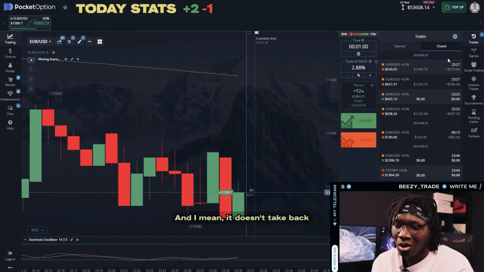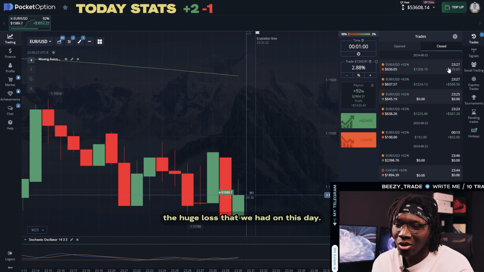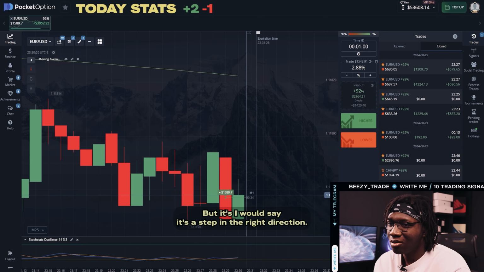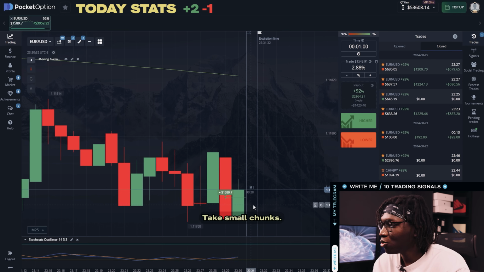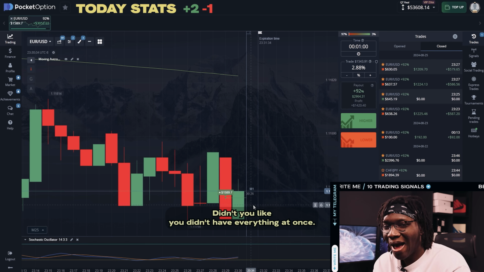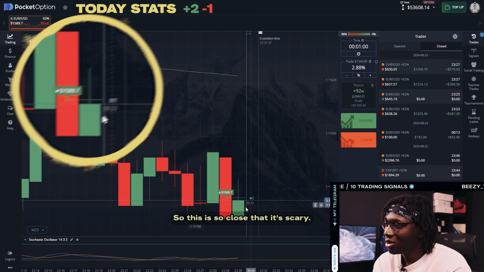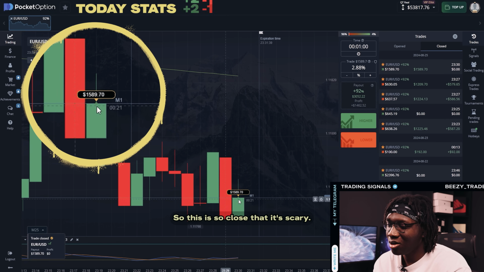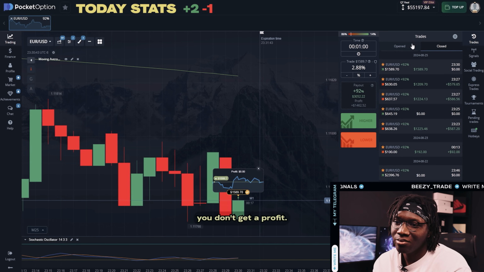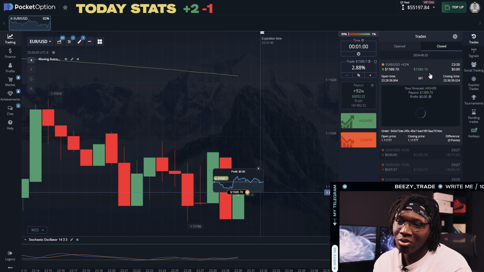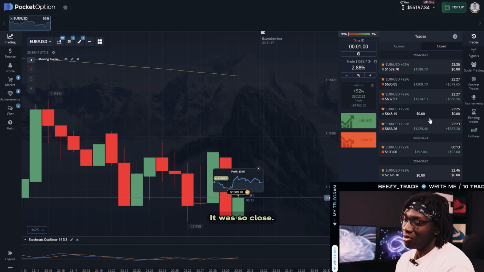It doesn't take back the huge loss that we had on this day, but I would say it's a step in the right direction. So taking it little by little, I'd rather take small chunks than have everything at once. So this is so close that it's scary, but we don't get a profit. So close though.